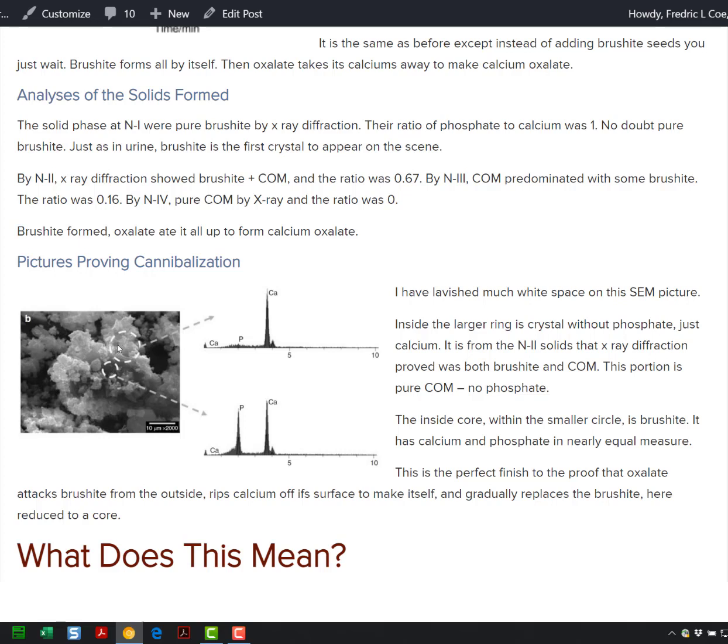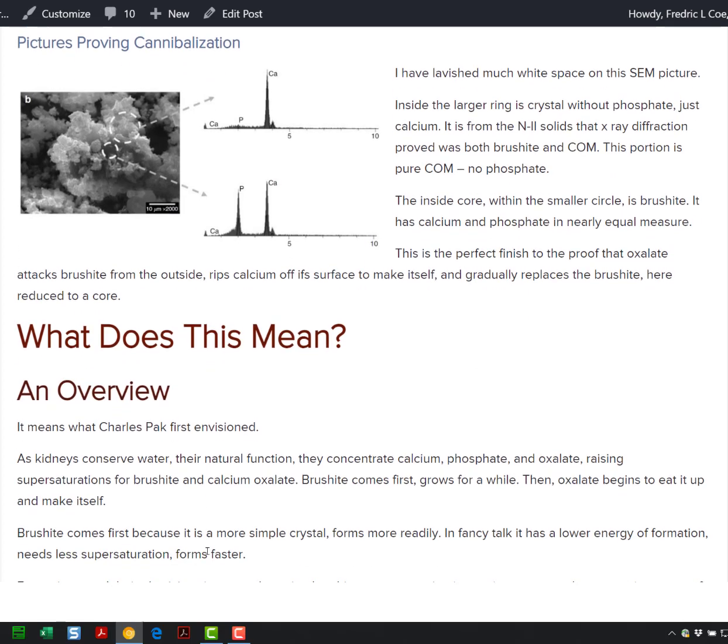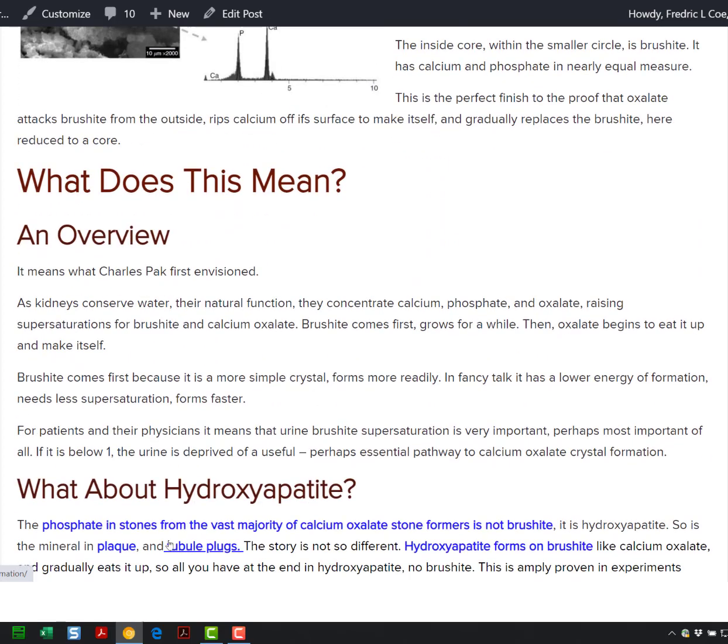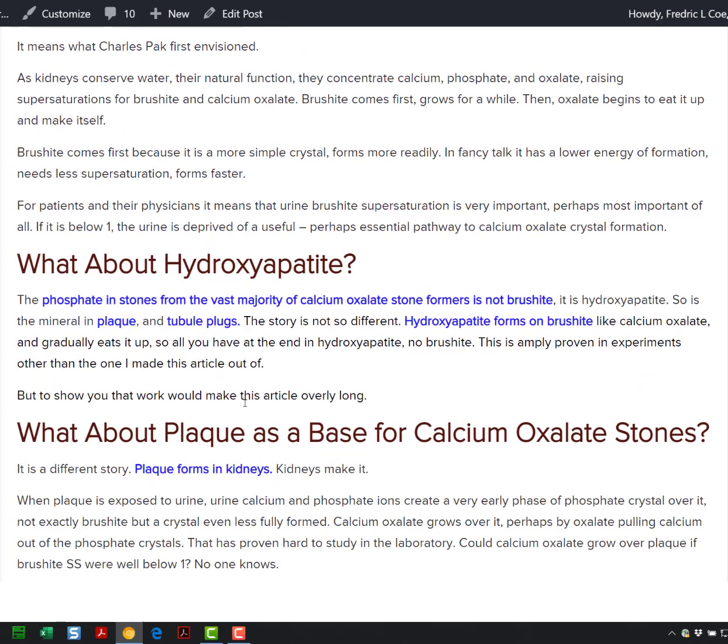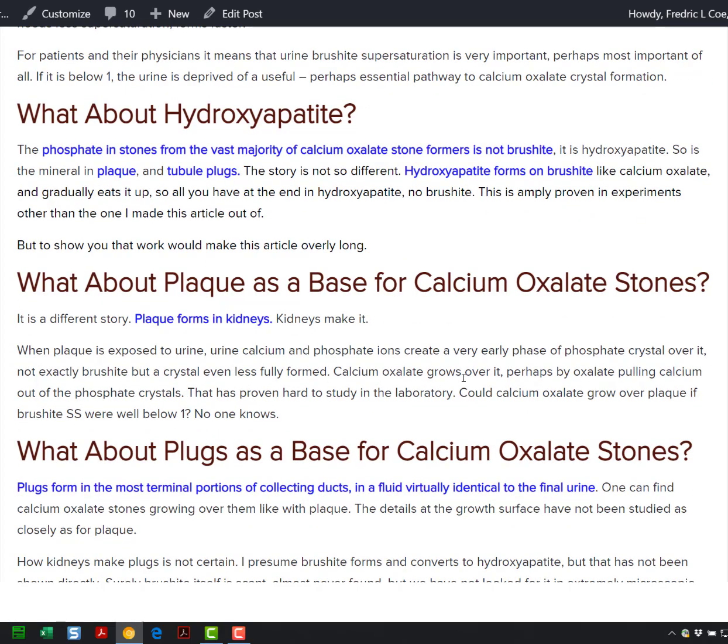It's all happening on the surface. I call it the perfect finish. The oxalate attacks the brushite from the outside, rips the calcium off the surface, and replaces the brushite. What does this mean? It means what it says. You make brushite first, just like Charlie said. The oxalate takes it apart and makes it into calcium oxalate.